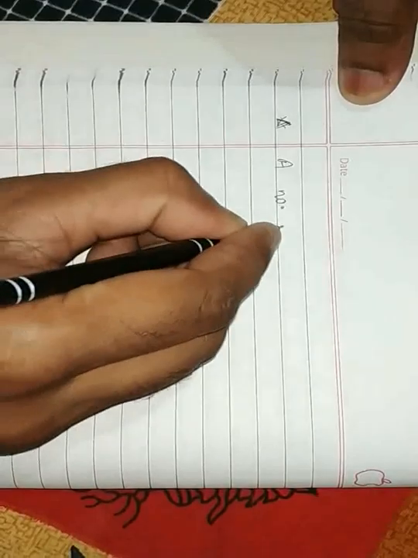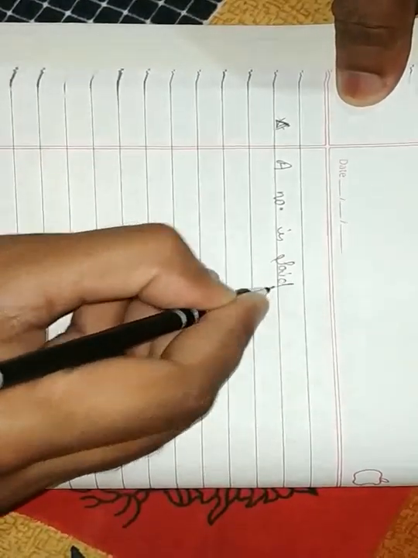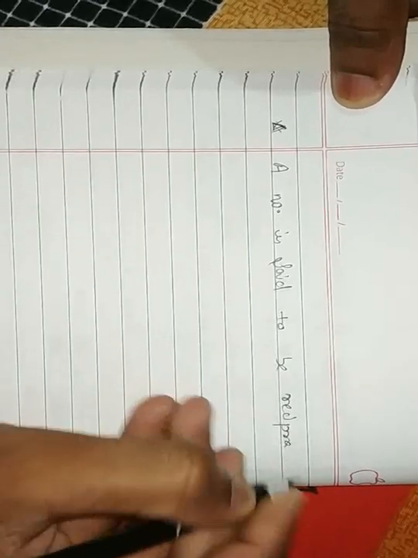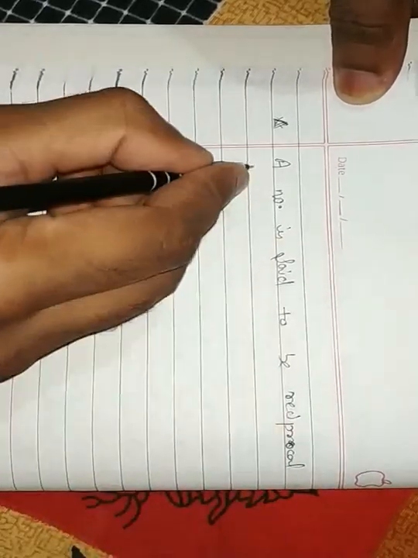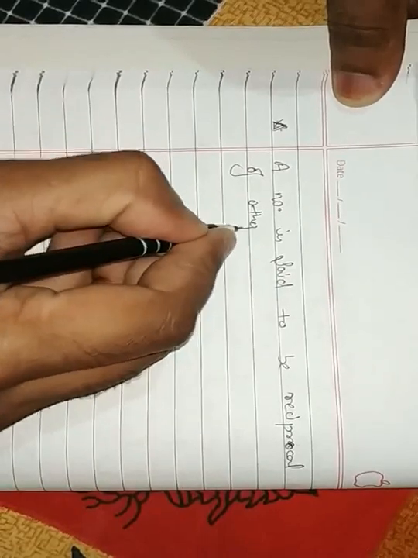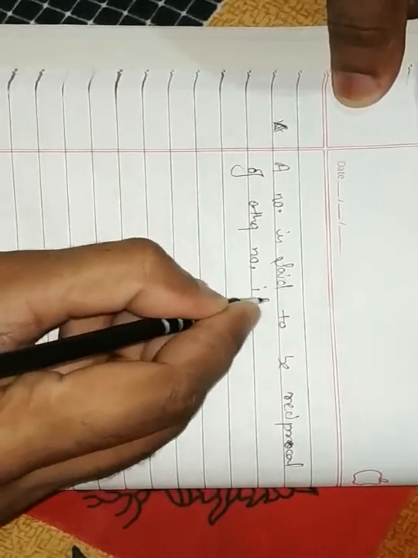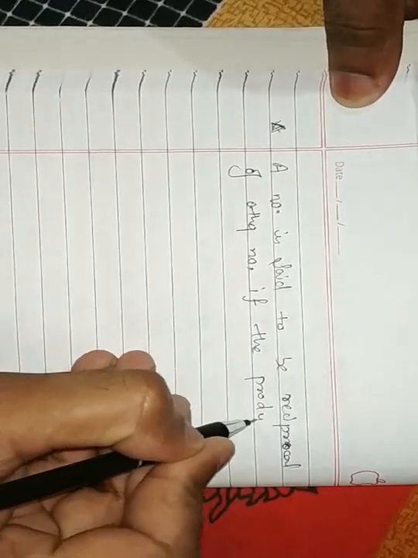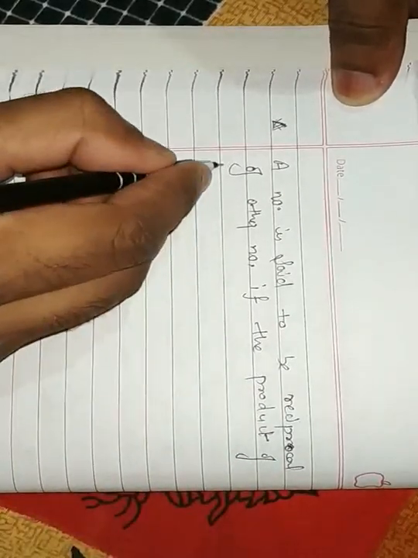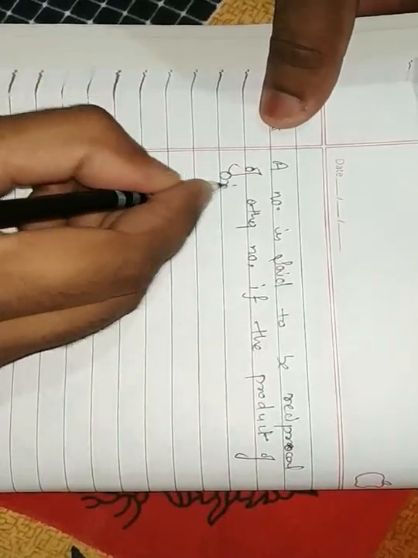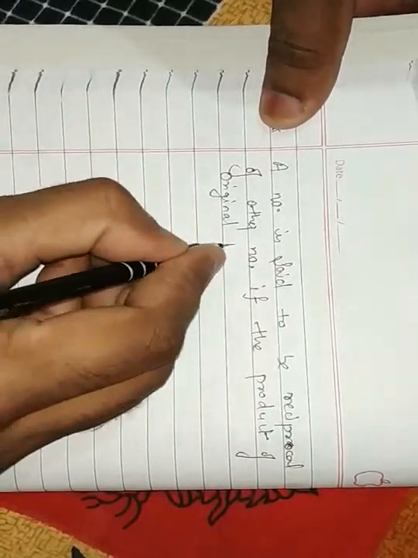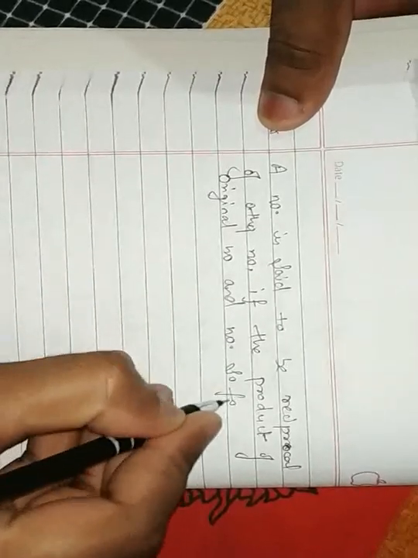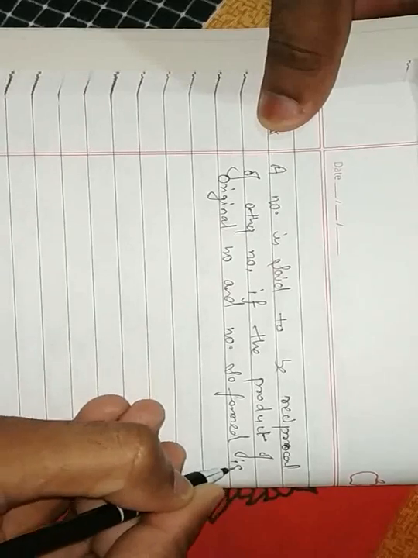A number is said to be reciprocal of another number if the product of the original number and the number so formed is 1.